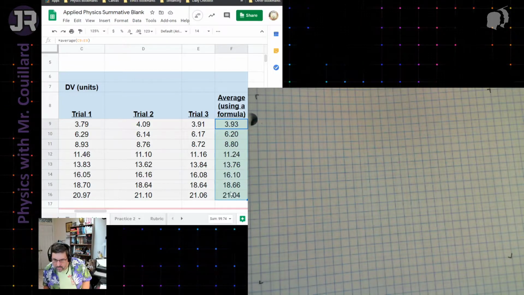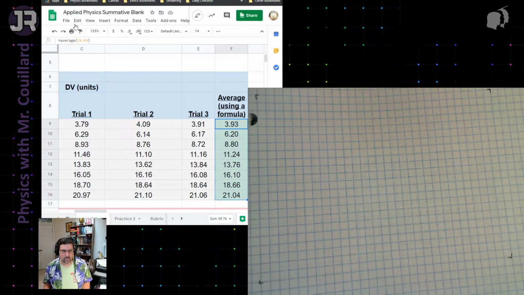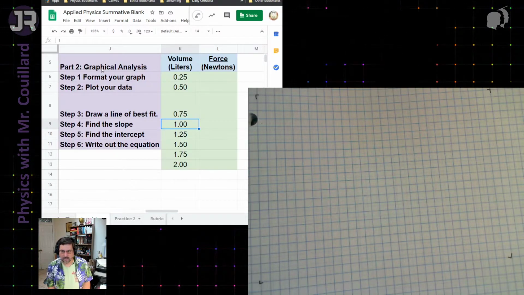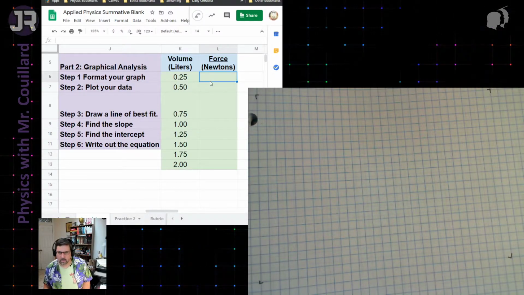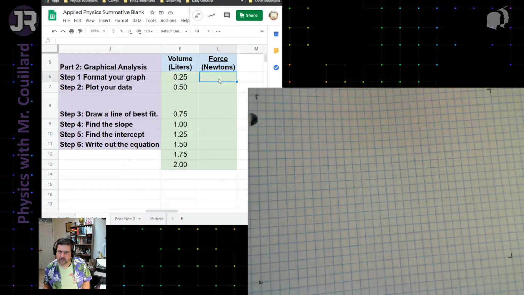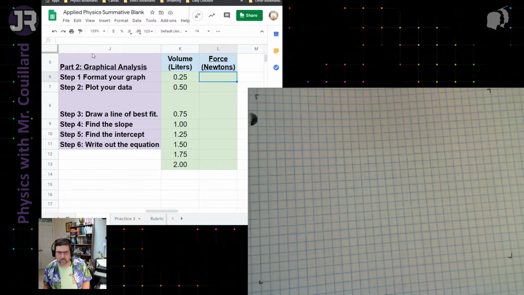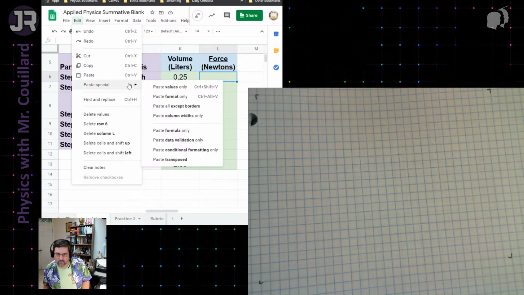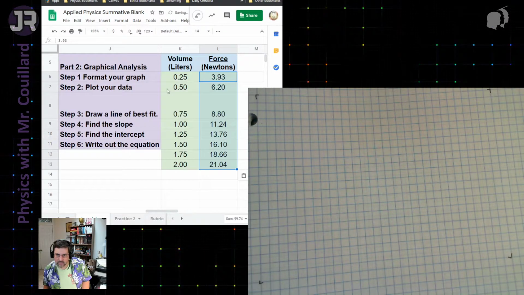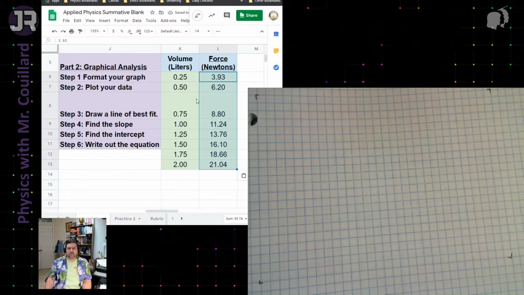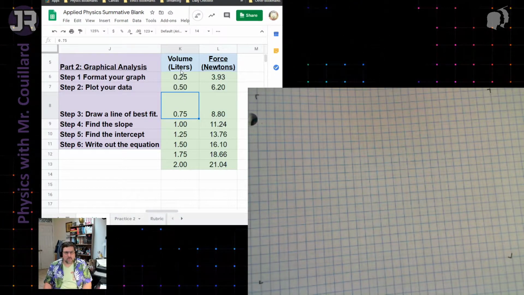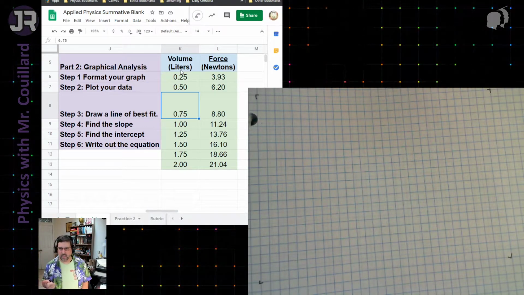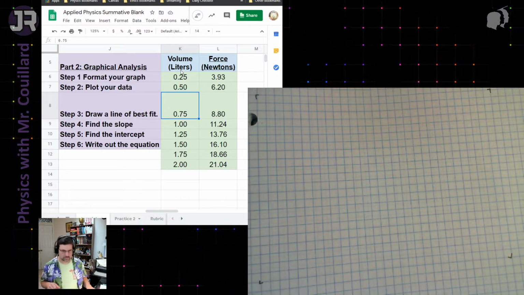We highlight just the averages, and then I do edit, copy, and then go back over to our graphical analysis, do edit, paste special, and then values only. Okay, and so then it will give us the numbers that we're graphing: the volume in liters and the force in newtons.